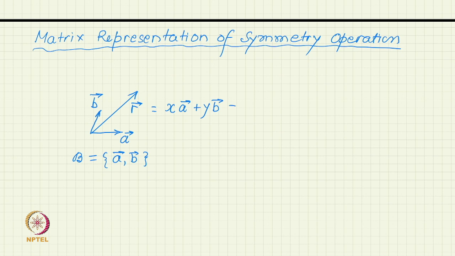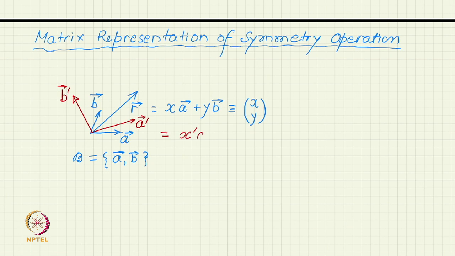In terms of column representation, we simply call this vector x y. By x y we mean x times A plus y times B, knowing the basis is A, B. But if we change the basis, if we go from the blue basis to the red basis, then the same vector will have a different representation.